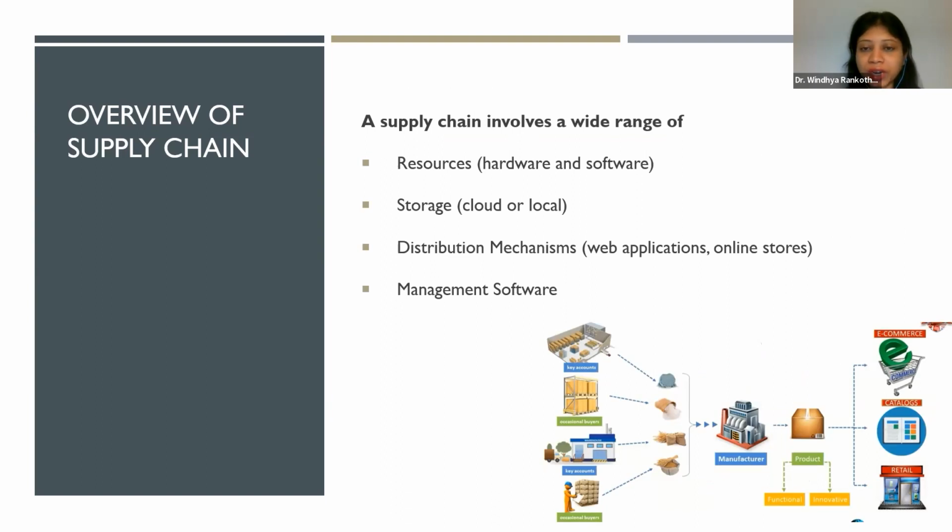They can use different distributed mechanisms to distribute these products, like online stores, web applications, and different advertisements, and they might also be using different management software, especially ERP systems. So depending on the industry, the stakeholders and products involved in supply chains vary a lot.